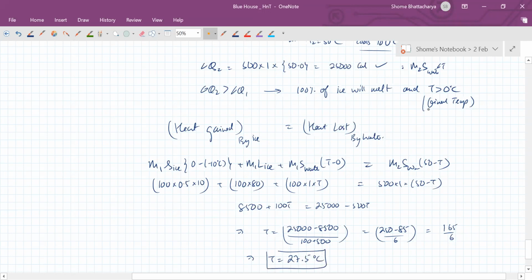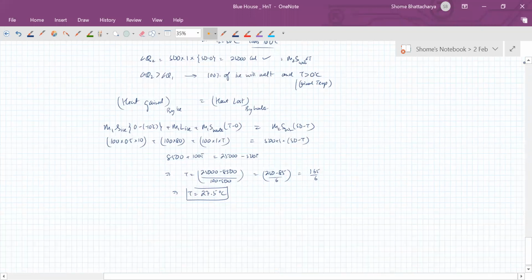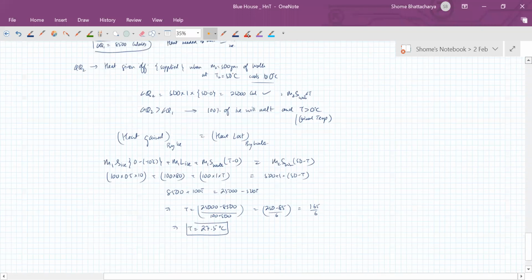This is the temperature that I am getting. You can check out my solution. This 100 T, see what is happening. I'll explain. What is happening to the ice here?